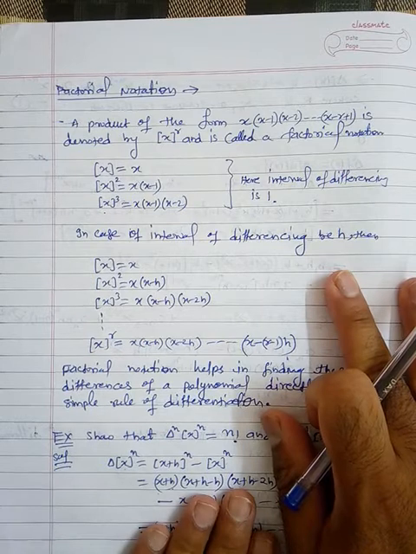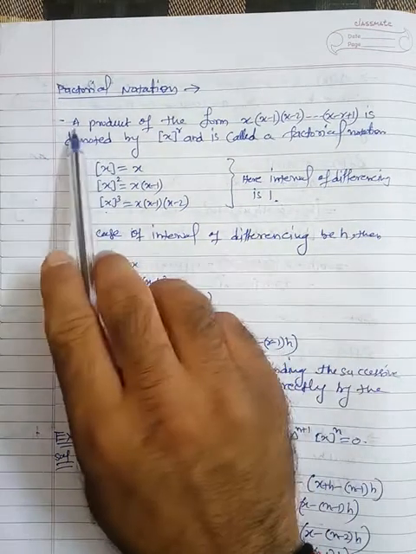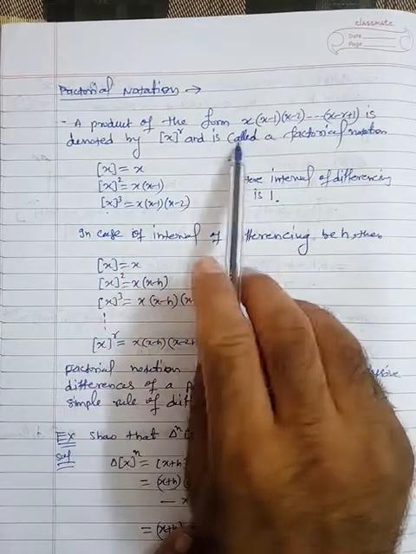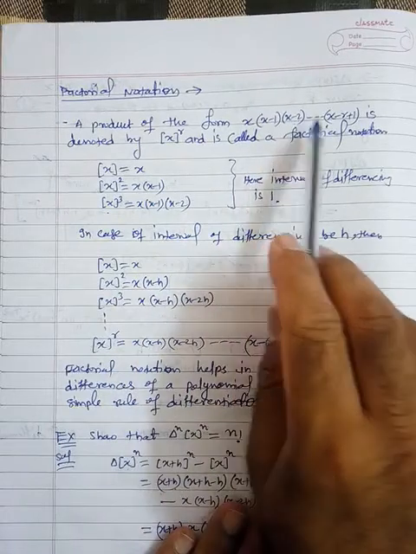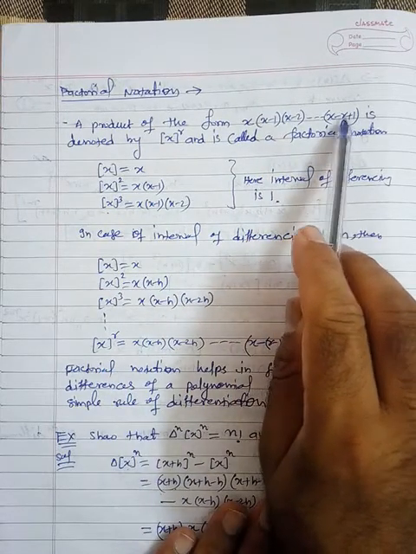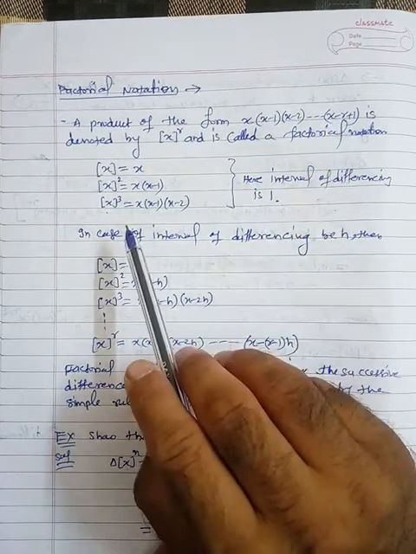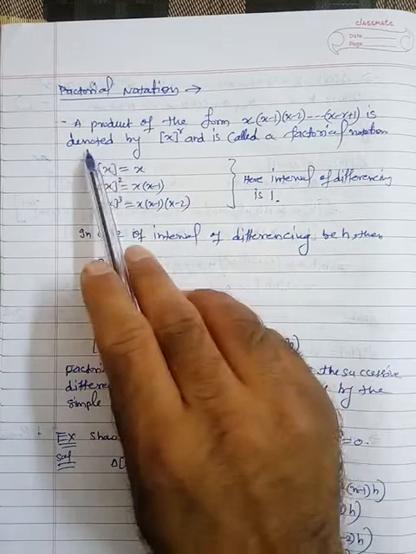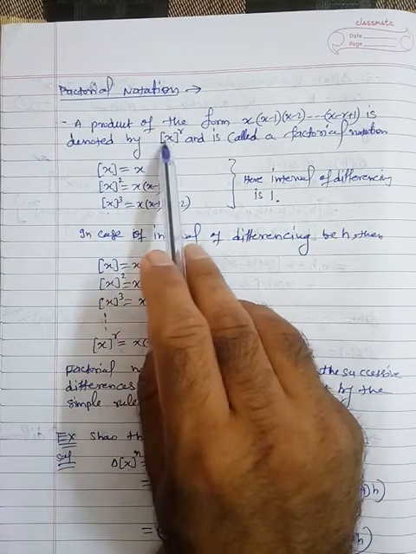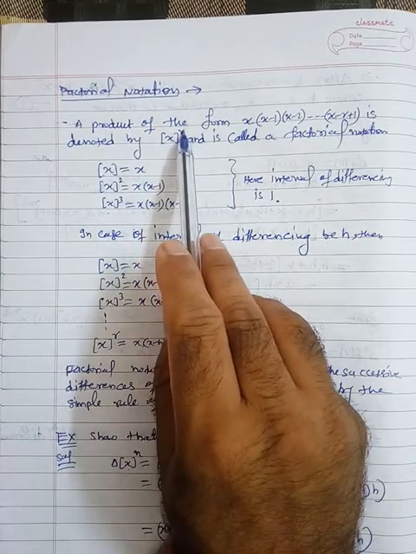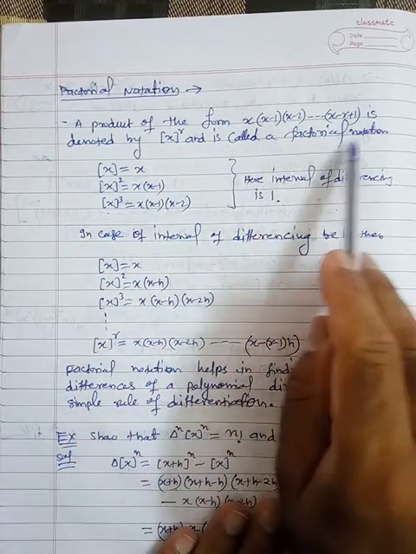What is factorial notation first? A product of the form x(x minus 1)(x minus 2)... (x minus r plus 1), where r is a positive integer, is denoted by x in square brackets raised to the power r, and is called factorial notation.